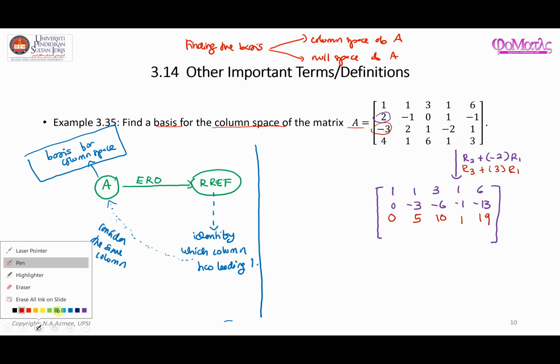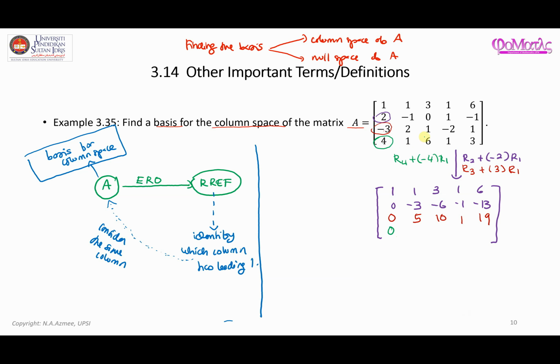Finally, this part has to be equal to 0 as well. So again, we consider the process on the same stage. We have R4 plus negative 4R1. So 4 minus 4 is 0. 1 minus 4, negative 3. 6 minus 12, negative 6. 1 minus 4, negative 3.